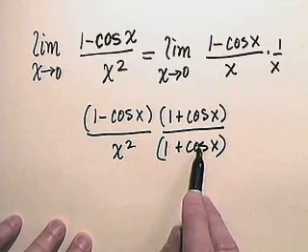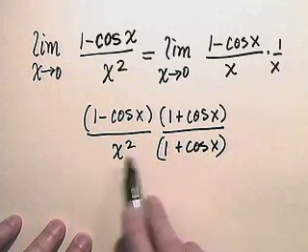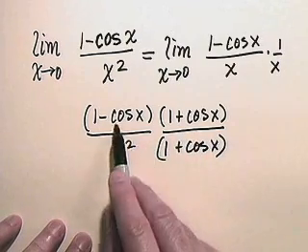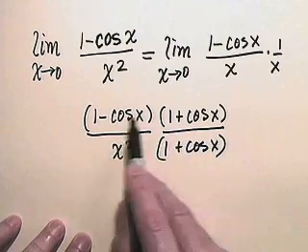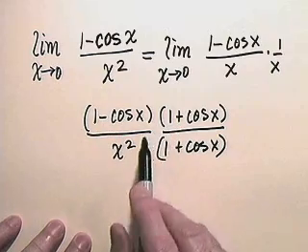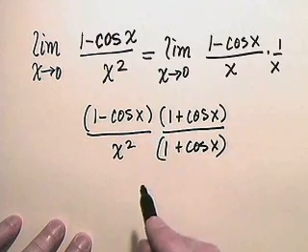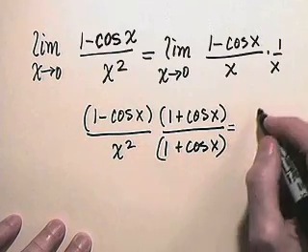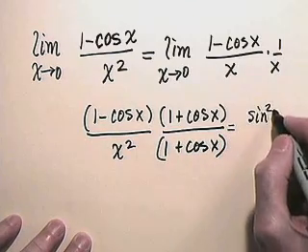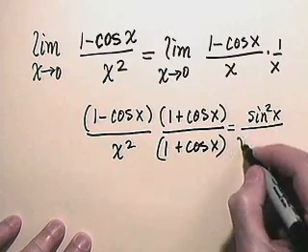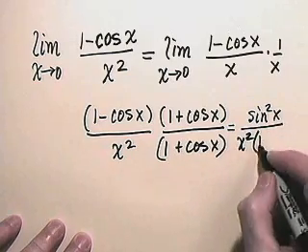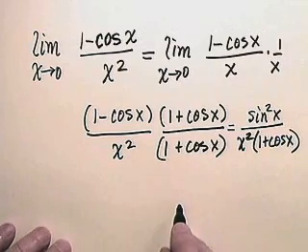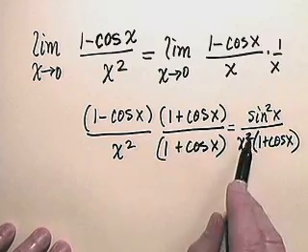So we have not introduced any further problem in the denominator by doing this. But on the other hand, when I multiply these two terms together, notice I get 1 minus cosine squared. What's 1 minus cosine squared? That's sine squared. So what we get here is sine squared x divided by x squared times the 1 plus cosine x. So this is what we want to take the limit of.